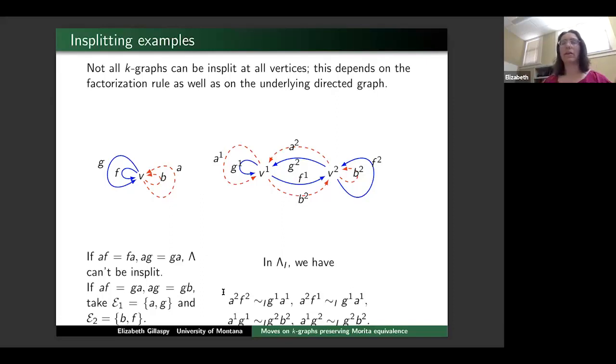So even though we had some choice in how to define the factorization rules for this directed colored graph that we started with, once we've insplit, there's really essentially no choice. You just follow your nose and are careful with your indices.